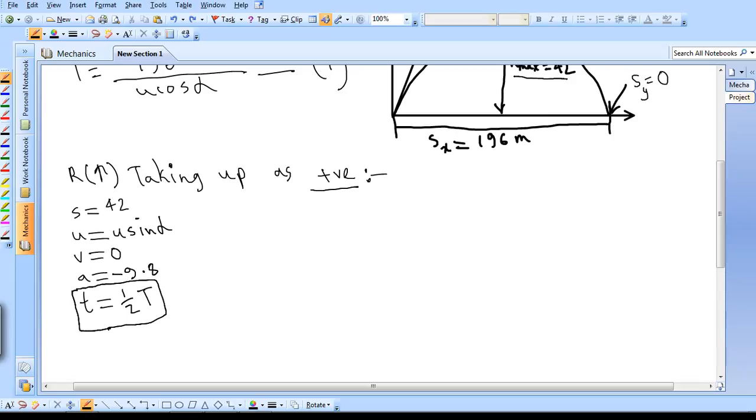You may try that out using another equation, but I have tried other methods also, and I have found this suitable: v squared equals u squared plus 2as. This is the simplest equation for this condition.